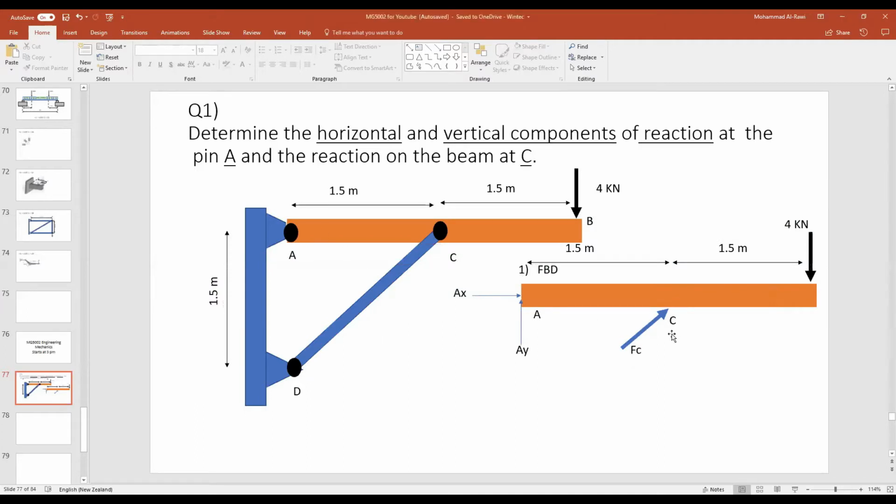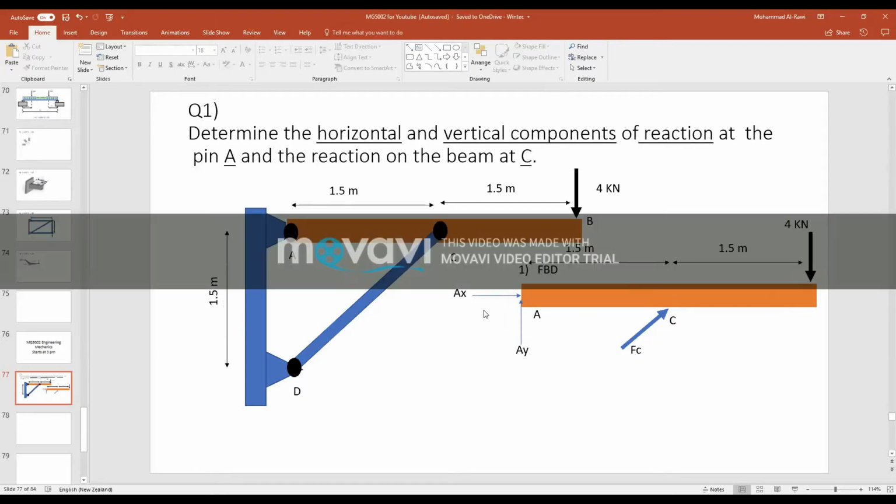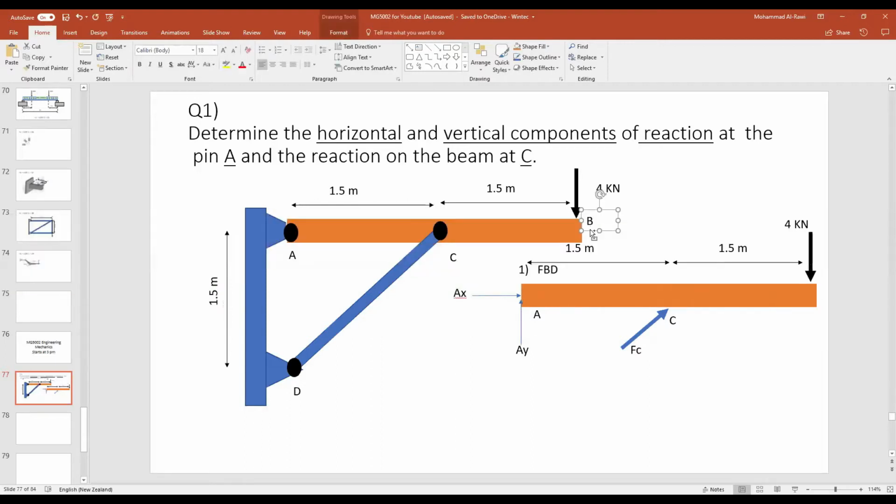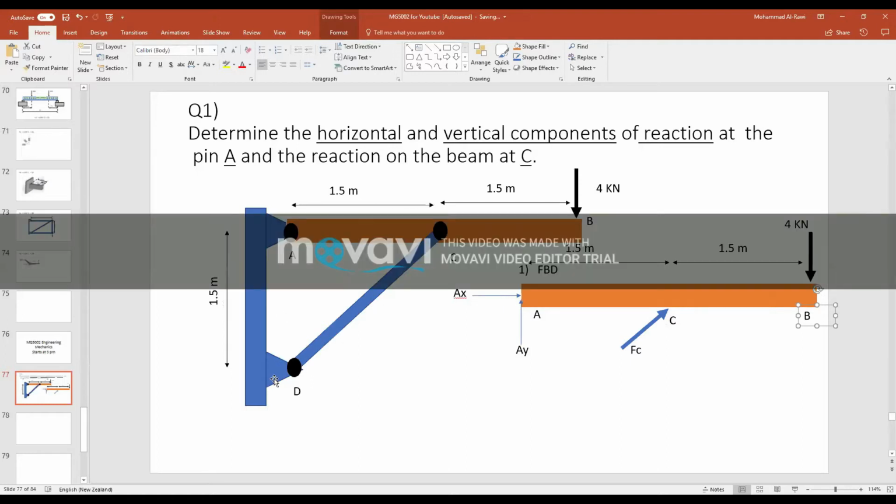Now, since I know all this information, I need to add something that is missing in this diagram. If you look carefully, what's missing is the angle at which FC is acting on the beam. So this angle, if you just look at the dimensions very clearly, what do you have? You have this triangle ACD, 1.5, 1.5.